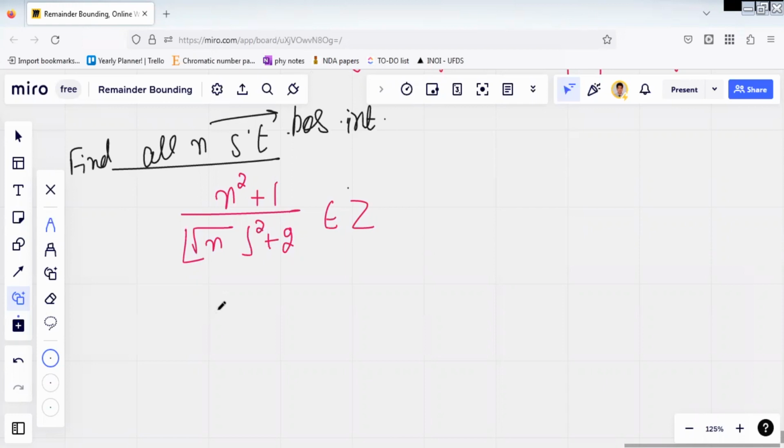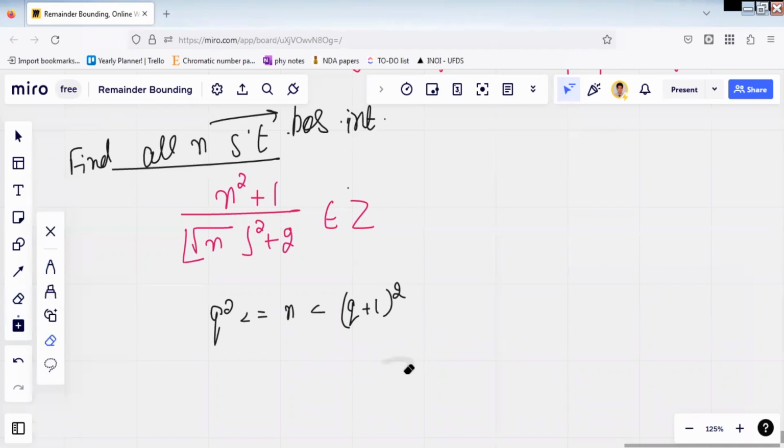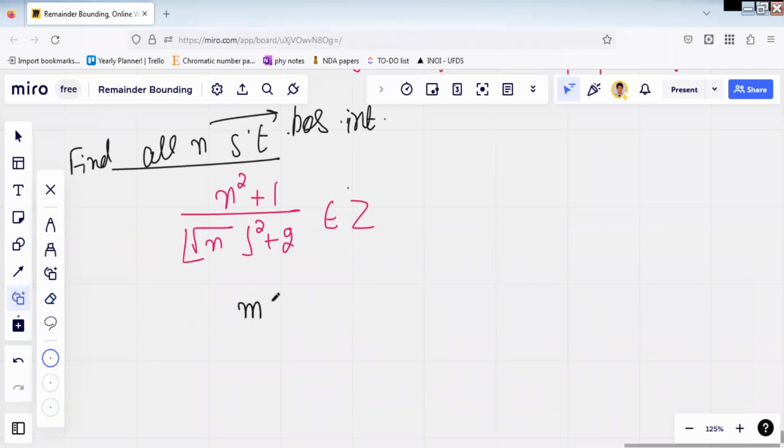Okay, so let's say that q squared is less than or equal to n, which is less than (q plus 1) squared. So we can write n as q squared plus m. The solution I have uses a bit different notation, but it's the same idea.